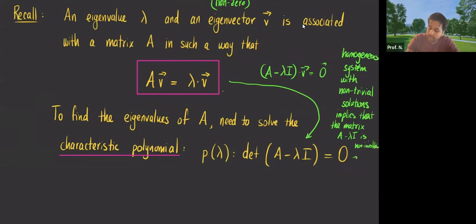If you're not invertible, that means that the determinant of that matrix is 0.